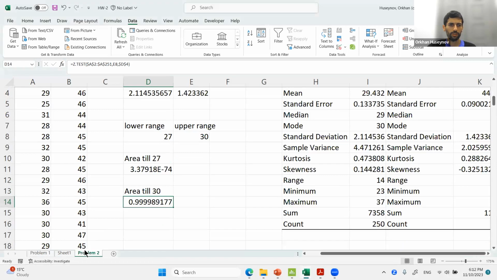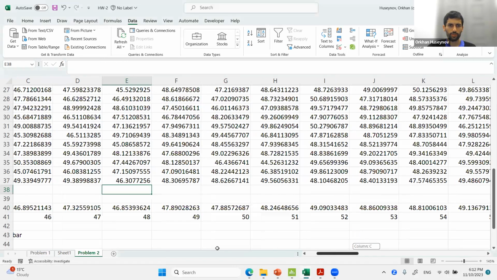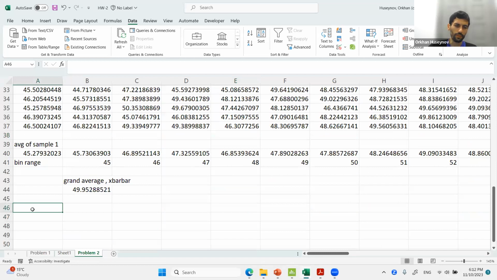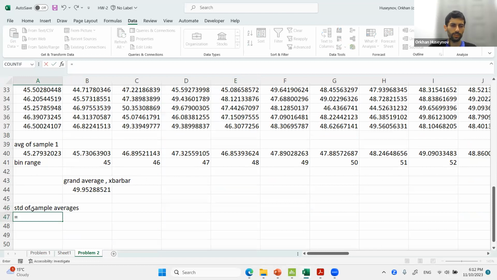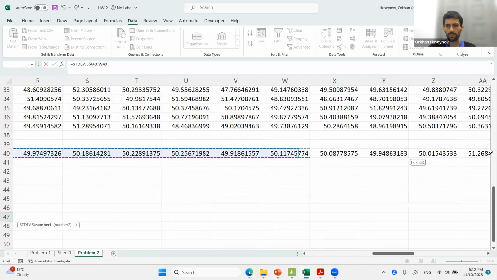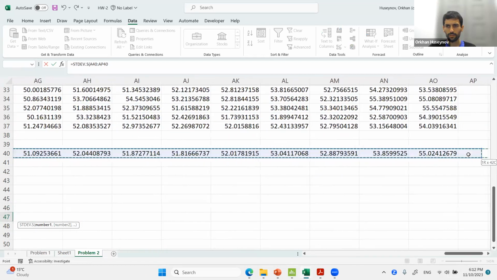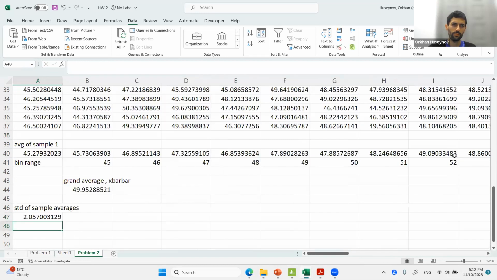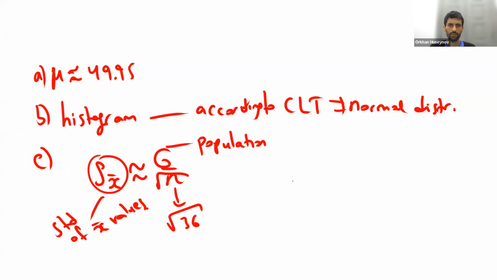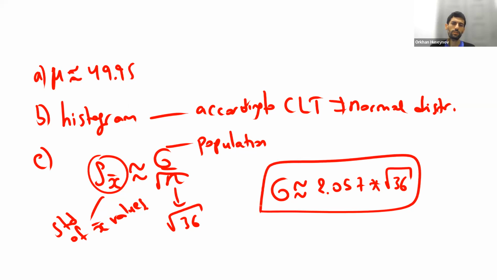So we need to calculate the standard deviation of the sample averages, STD of sample average. So that will be the STD of the samples from this one till the end. So 2.057. So then sigma will be approximately 2.057 times the square root of 36. Okay, this is the C part.